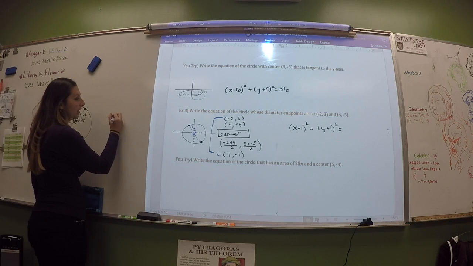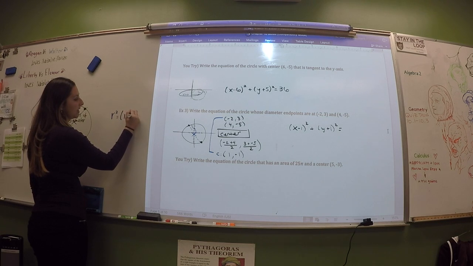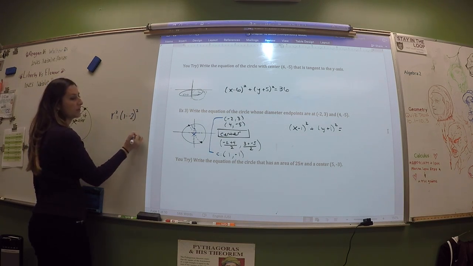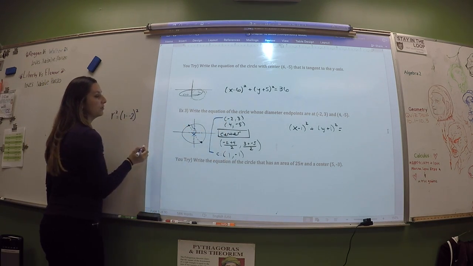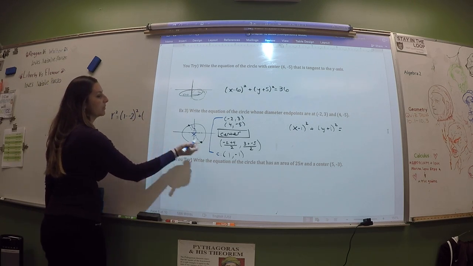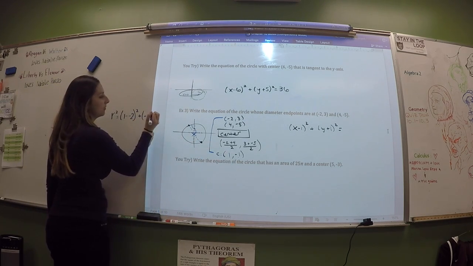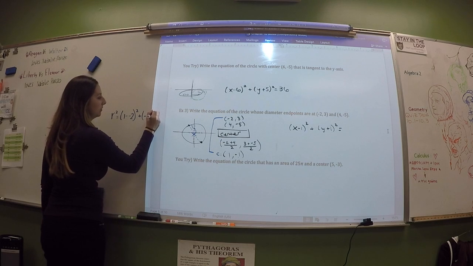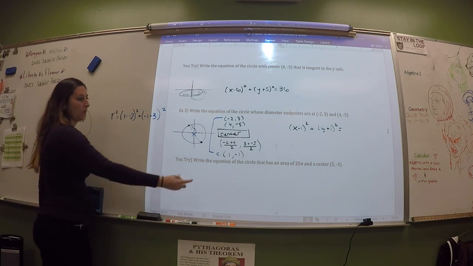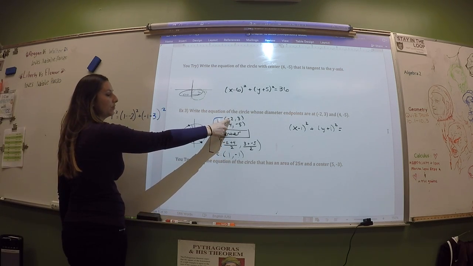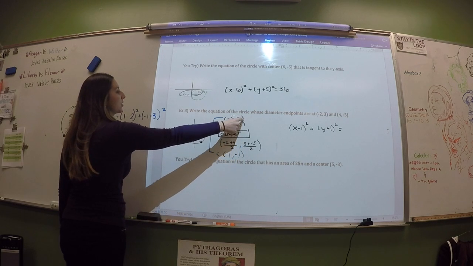So we're going to find the radius squared instead of just the radius by doing 1 minus -2, then -1 minus 3. So 1 minus -2, -1 minus 3.